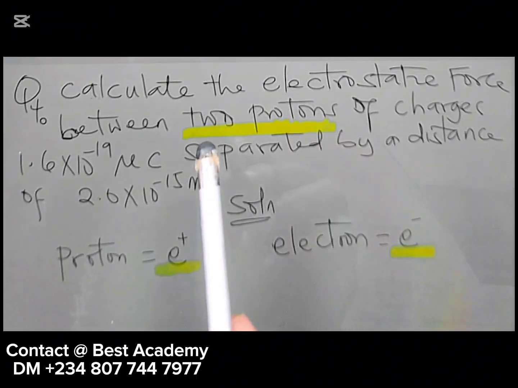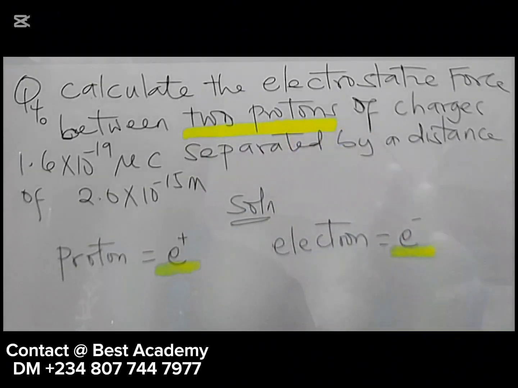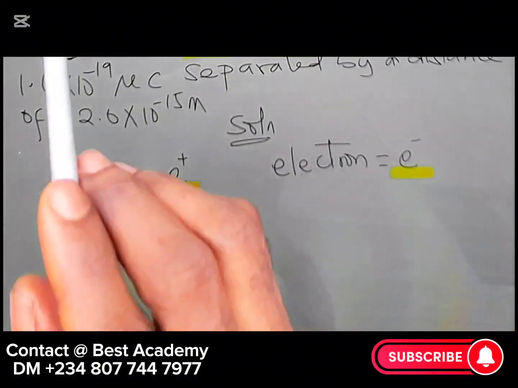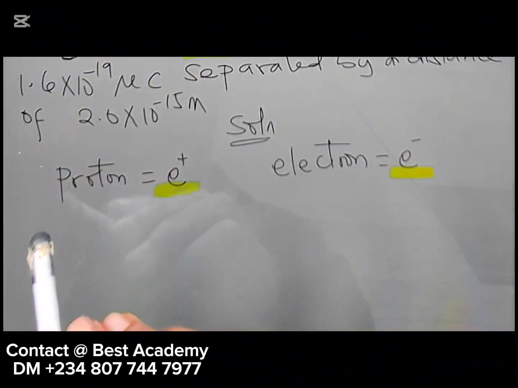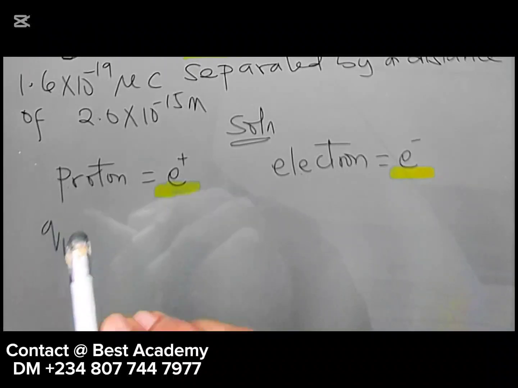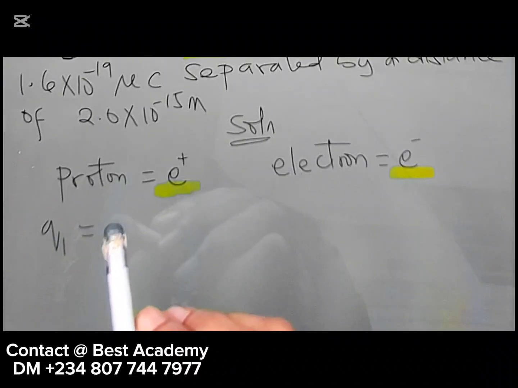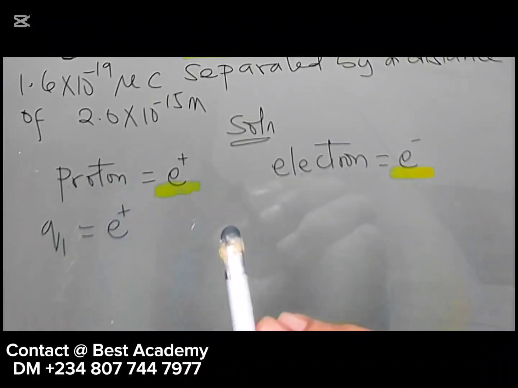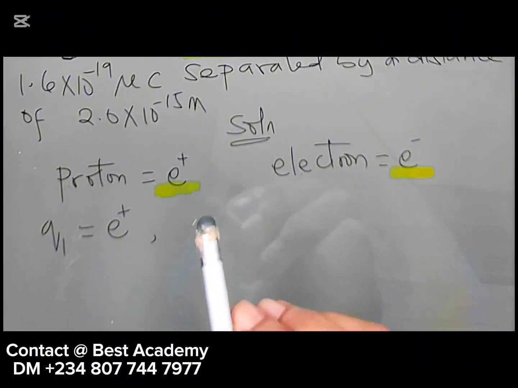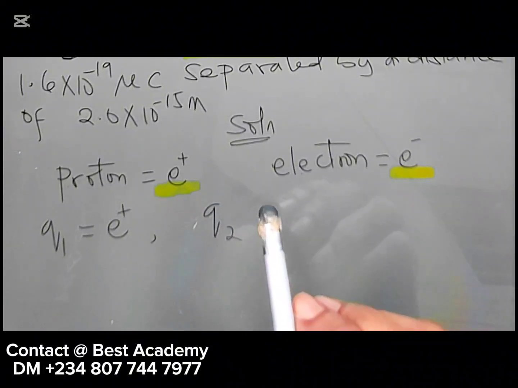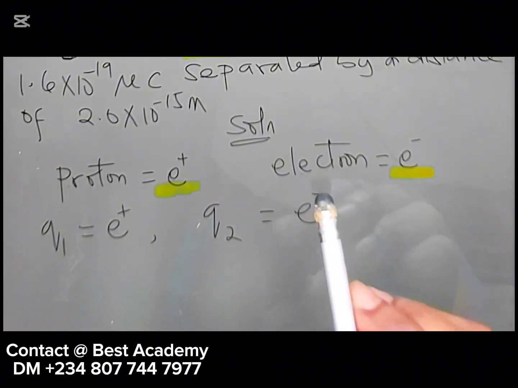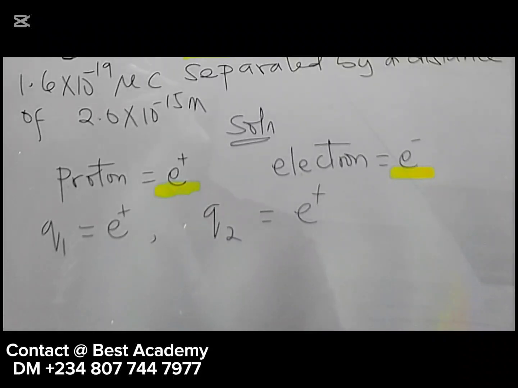So in this question they said two protons. That means the two charges are said to be protons. So Q1 and Q2 are protons. That is, Q1 is going to be proton, that is E plus, while Q2 is going to be also E plus. Please take note. So later we are going to know what E is.